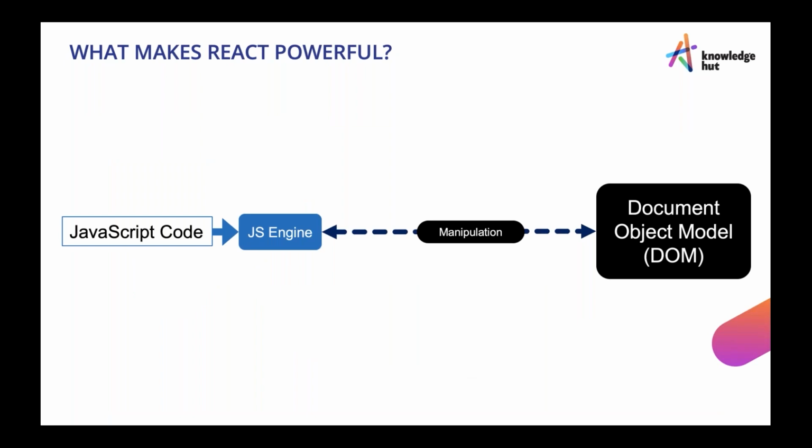But why do you need React in the first place? So again, going back to the document object model, what makes it so special? Why is it able to offer good performance? Well, whenever you want to manipulate content on your page using JavaScript, as we discussed earlier, the JavaScript engine in your browser has to interact with the DOM, the interface.